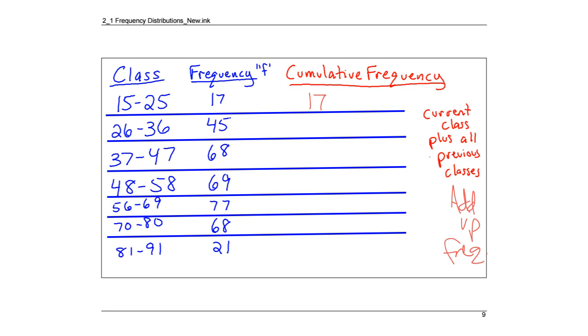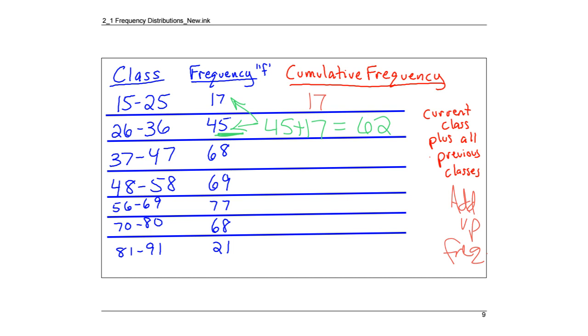I can stop. Now with the second row though, here I am at the second row. I want the frequency from this row, but I also want the frequency from this row because I want all the previous classes. So I have 45 plus 17. So that's going to give me, what, 62, I think. 4, 5, 6.